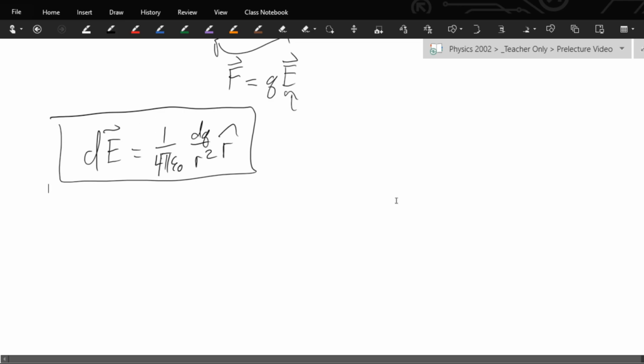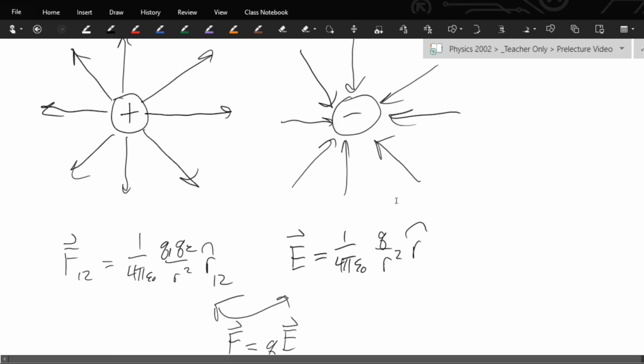Now, I want to talk very briefly about how this and this manifest themselves in the pictures that we have here and here. So Q is still the amount of charge. And if it's positive, we plug in a positive charge. If it's negative, we plug in a negative charge.